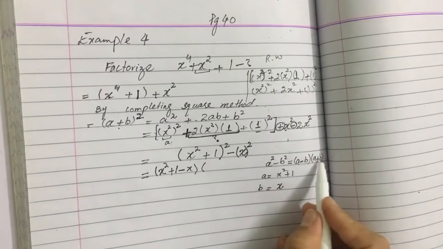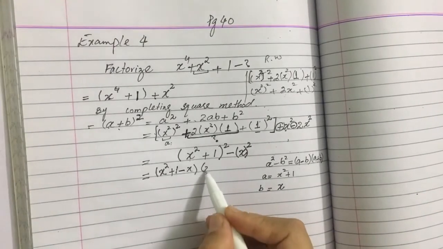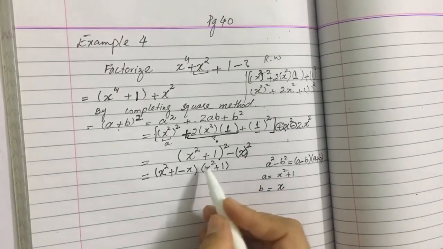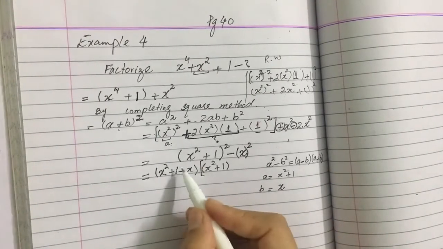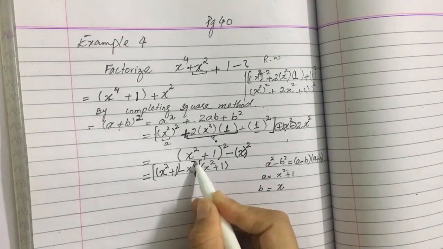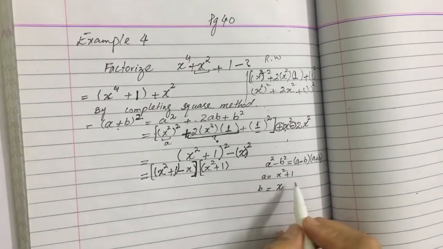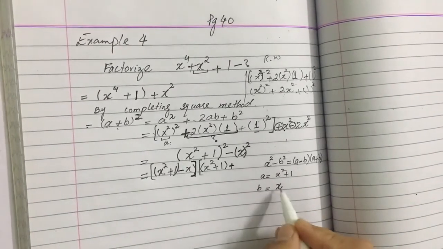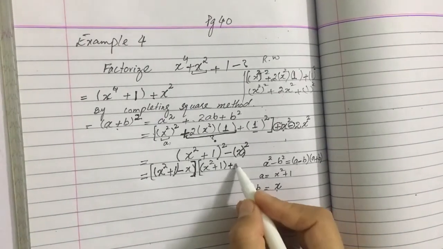Again a plus b, value of a is x square plus 1, plus comes from formula, we will have to put plus sign here. From formula value of b is x.